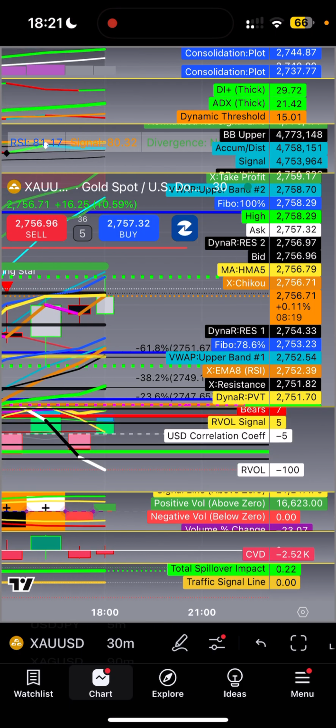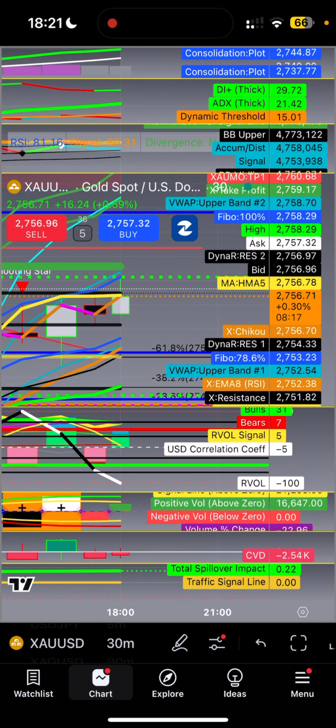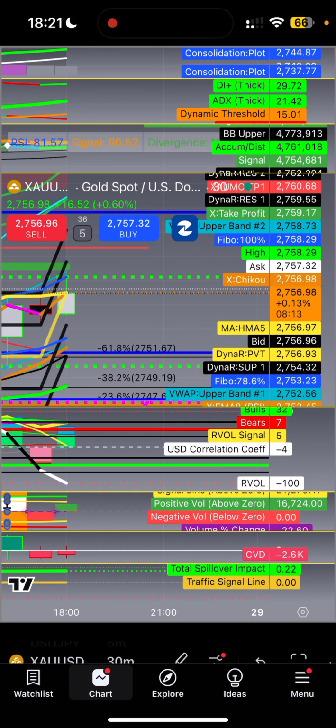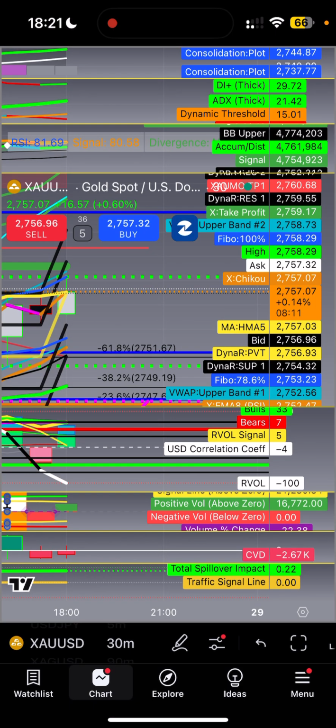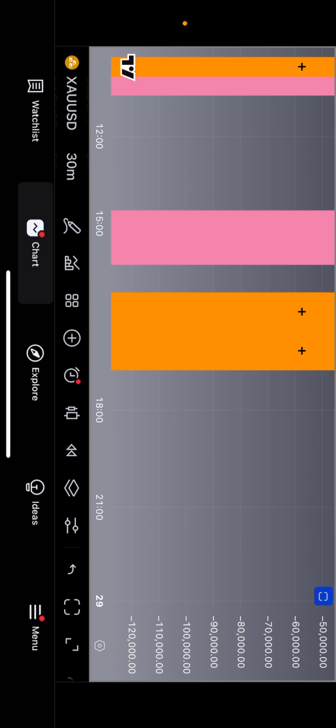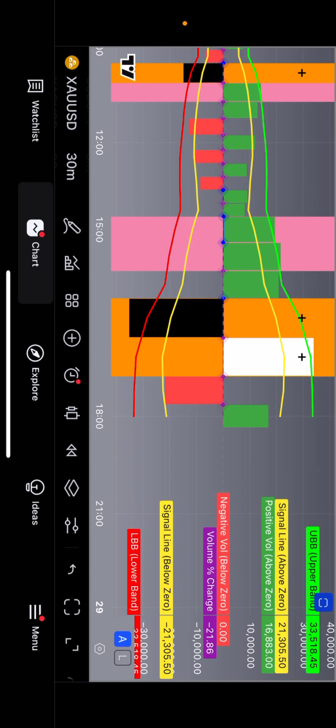If we check the volume here, as you can tell, the volume percentage change from the previous bar is 21% below. So there's no volume to take the price up again.